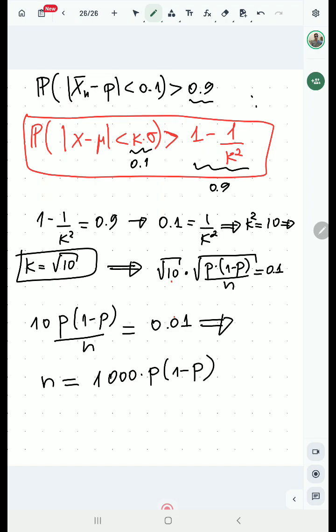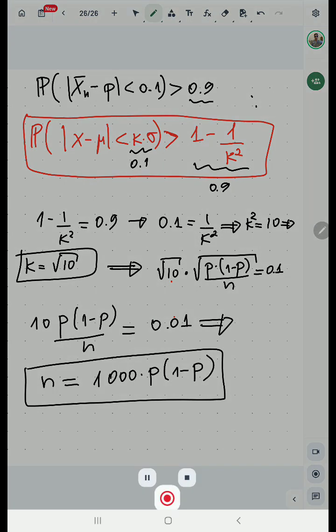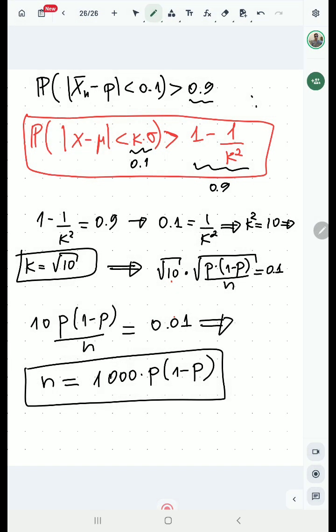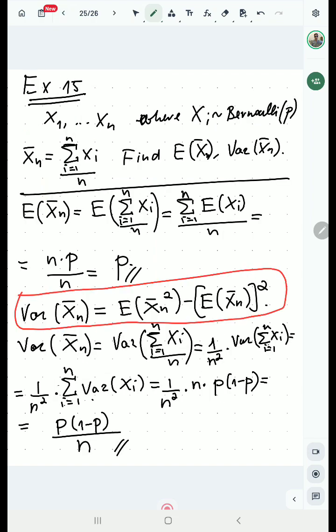So this is the solution. So n should be 10 times the variance to have this inequality. Okay, so that is the solution for example 15.